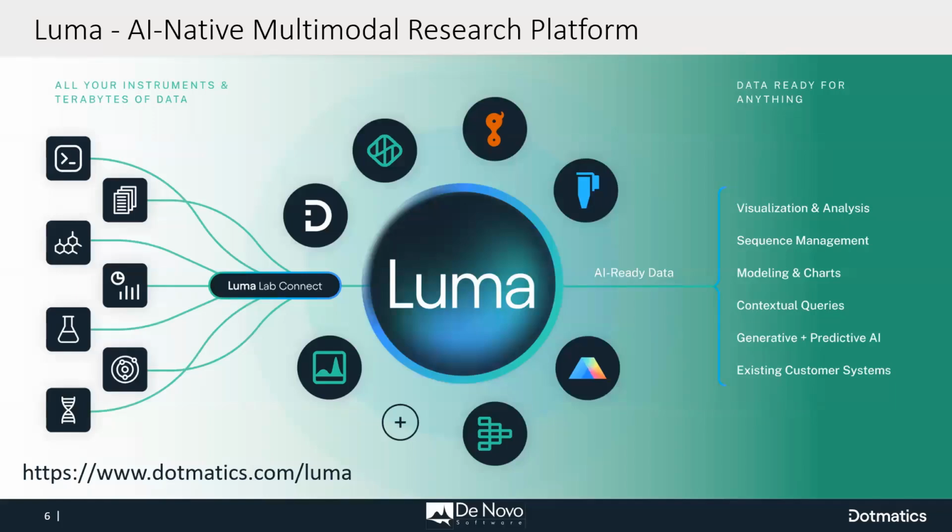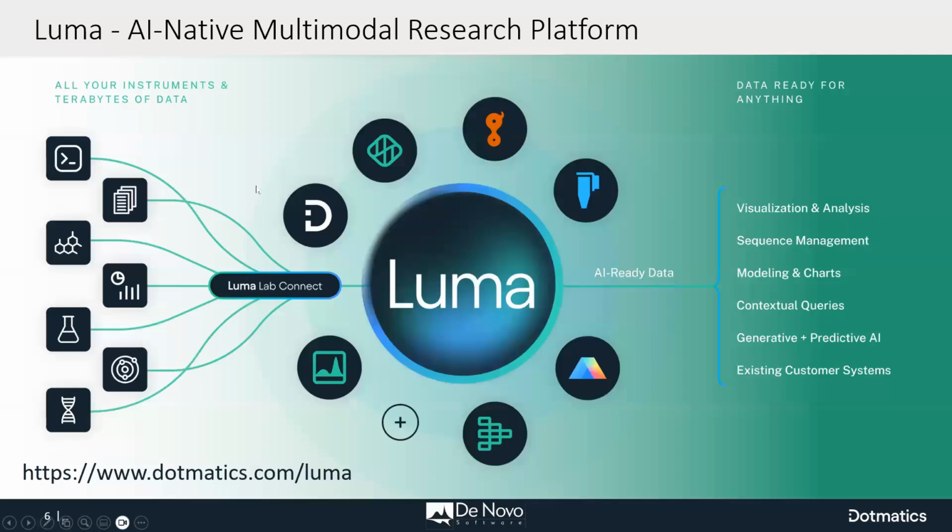So the idea is that you will have a single place where you can access and easily generate queries to find your data, to compare your data, to graph your data. And of course, as I said at the beginning, AI native, you can also leverage the artificial intelligence of Luma to explore your data and search for new results.